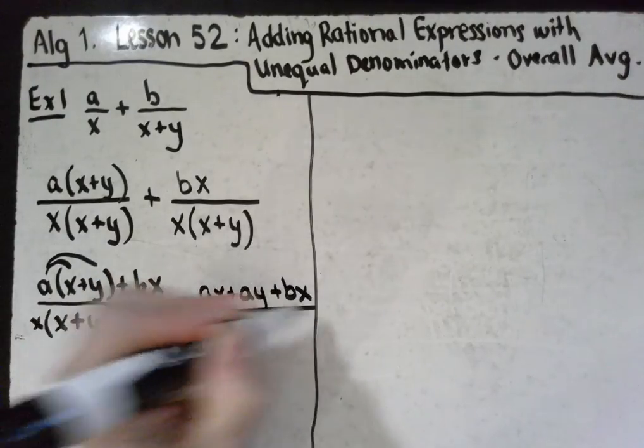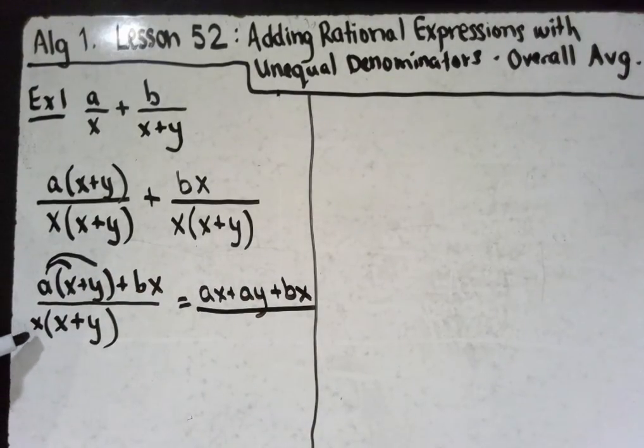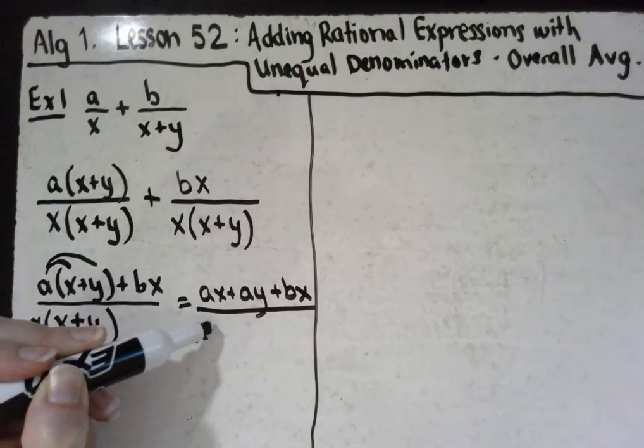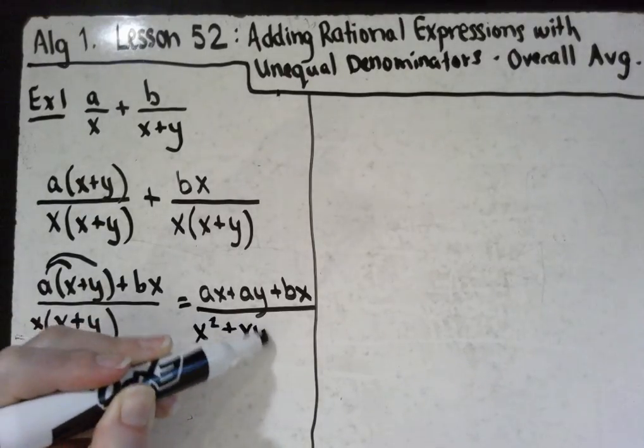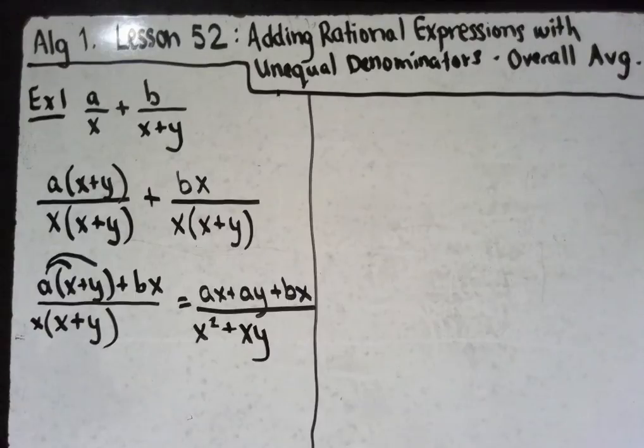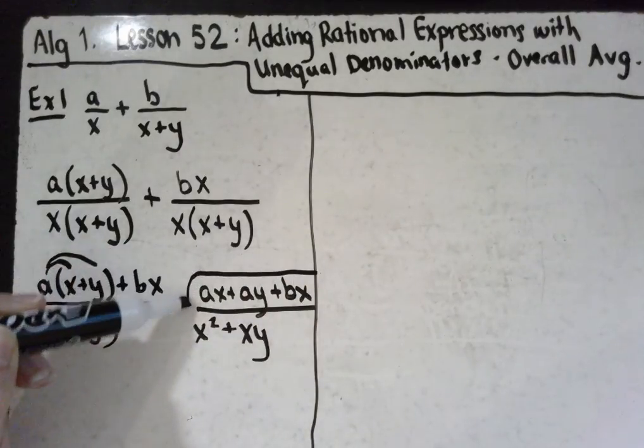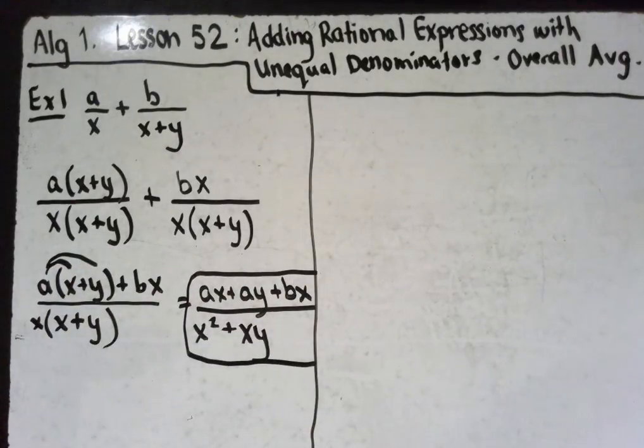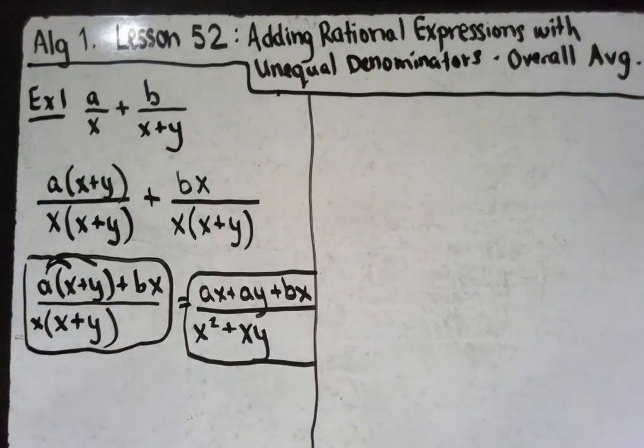And then I could also use the distributive property on the bottom, which would give me x squared plus xy. So that's one possible answer. There are a lot of different ways to write the answer, and it really just depends on what you're doing, but this one is the one I'll circle here, although this one also is the correct answer before I use the distributive property.